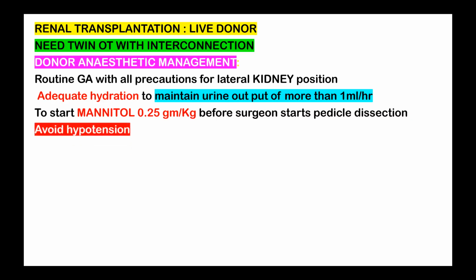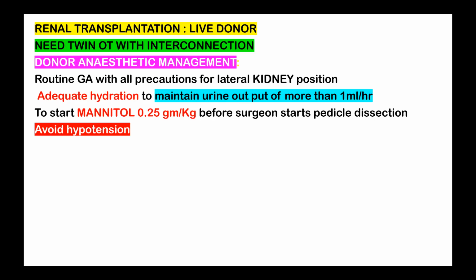Mannitol also has the ability to remove free radicals, so that free radical injury during the ischemia time is prevented. So these are two advantages of mannitol: one, it causes osmotic diuresis and keeps the kidney in a diuretic phase, and second, it removes the free radicals during the ischemia time also.